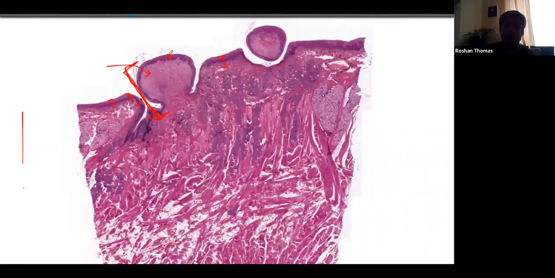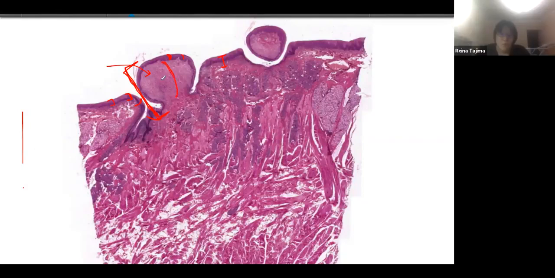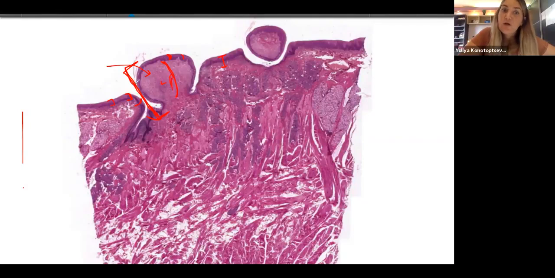Epithelium. What is this? Lamina propria. So again, circumvallate papilla is a protrusion of the specialized mucosa. Do you see that this whole thing right here is a specialized mucosa?